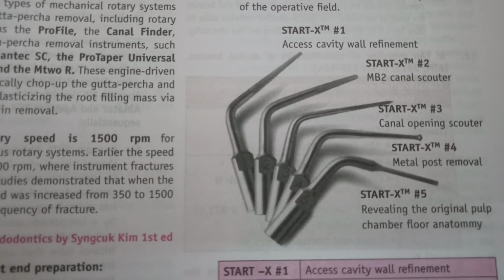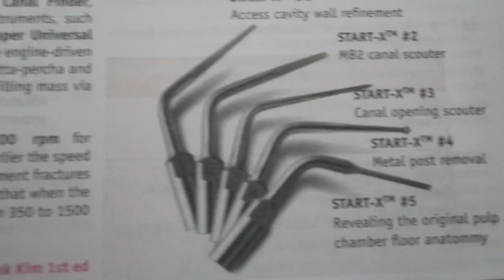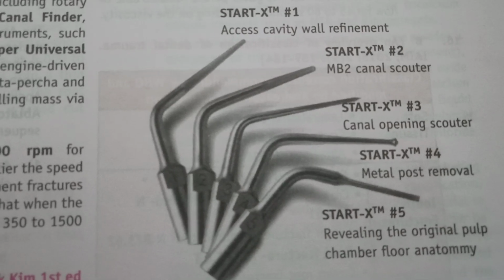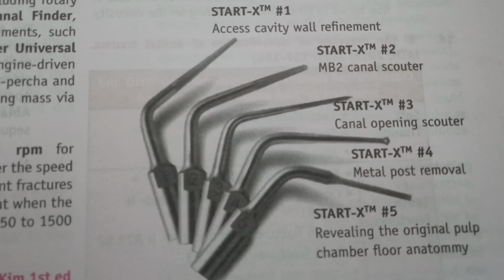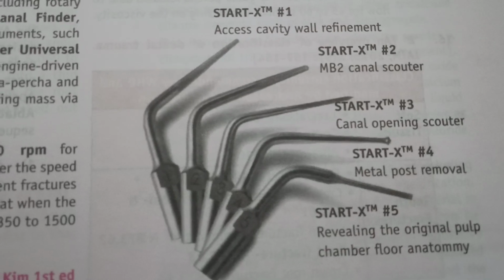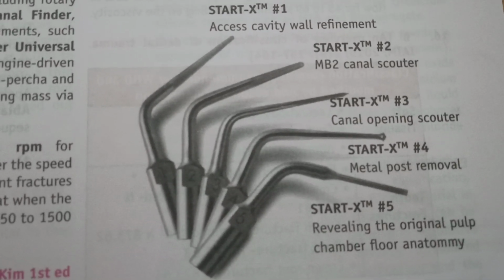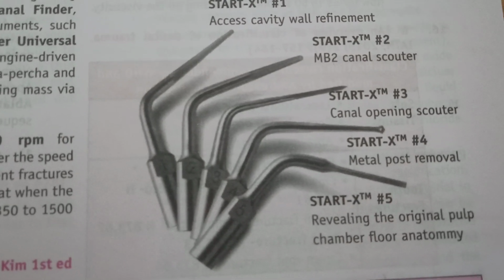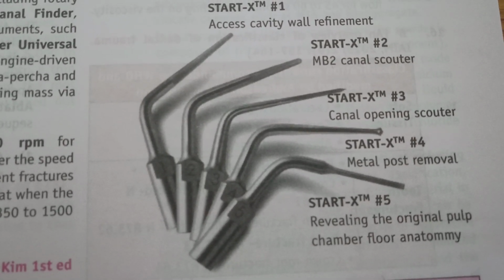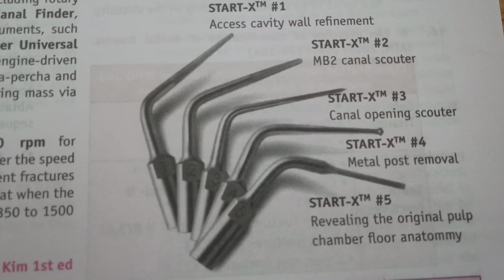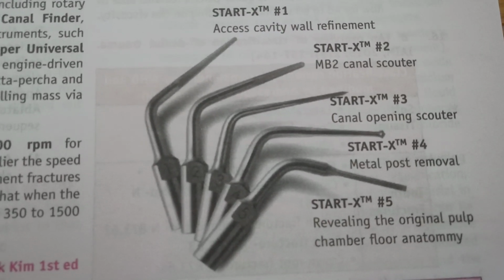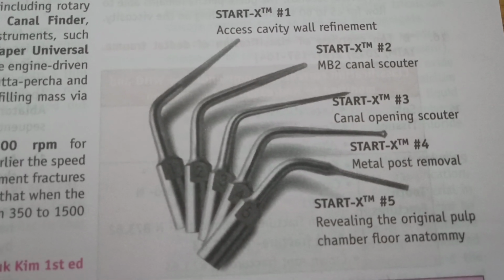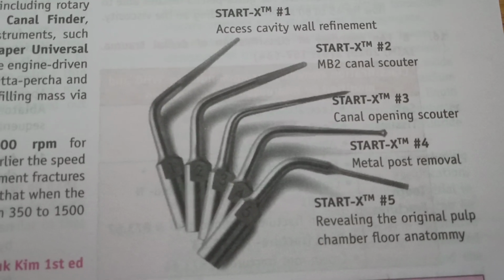Now, Start-X1 is used for access wall refinement. Start-X2, MB2 canal scouter. Start-X3, canal opening scouter. Start-X4, metal post removal. Start-X5, revealing the original pulp chamber floor anatomy. So take a snapshot of these two.